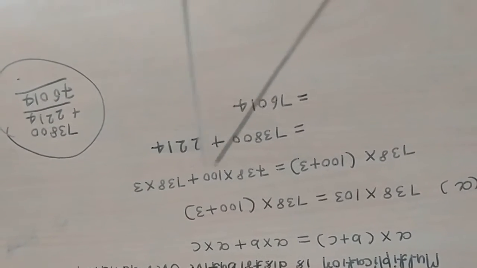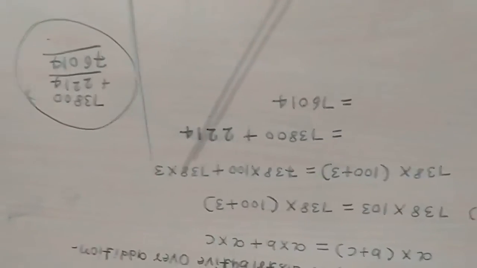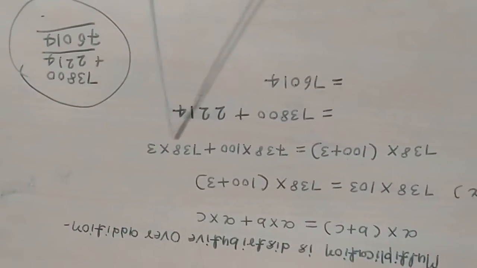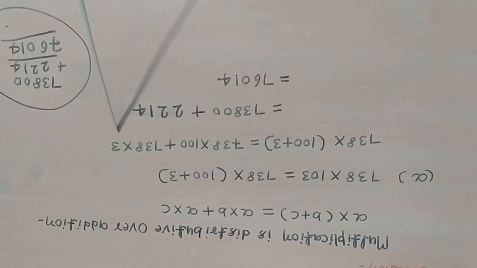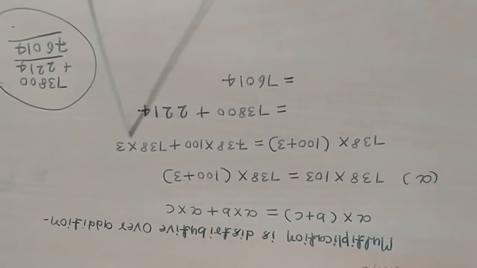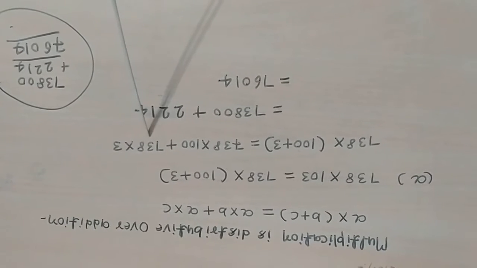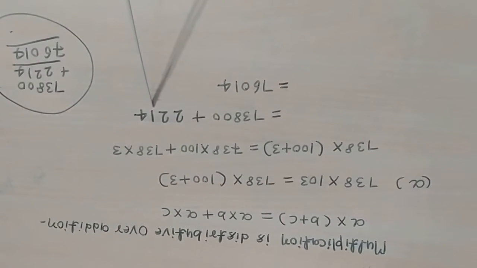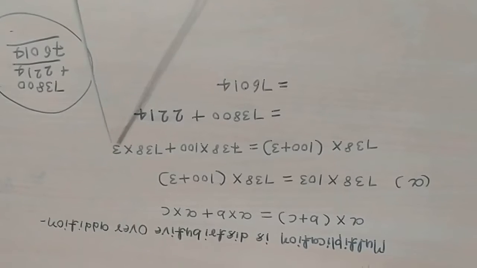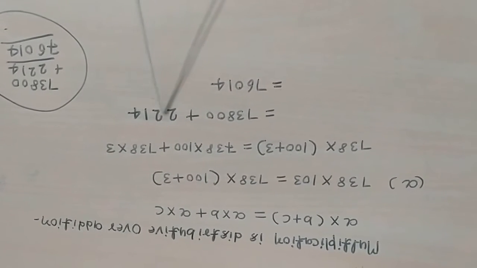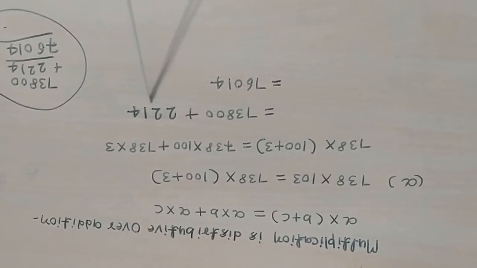Plus now 738 into 3. 3 times 8 is 24, carry 2. 3 times 3 is 9, plus 2 is 11, carry 1. 3 times 7 is 21, plus 1 is 22.